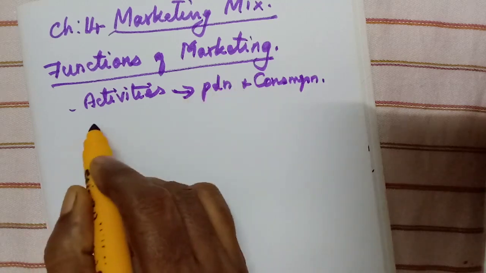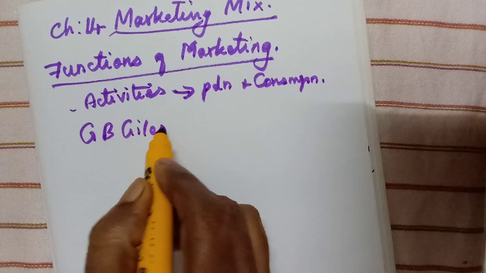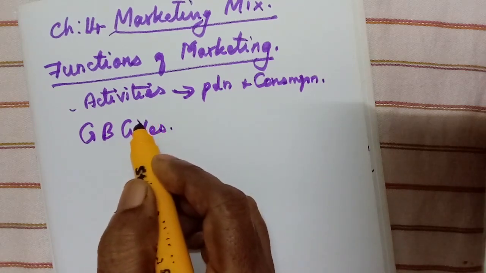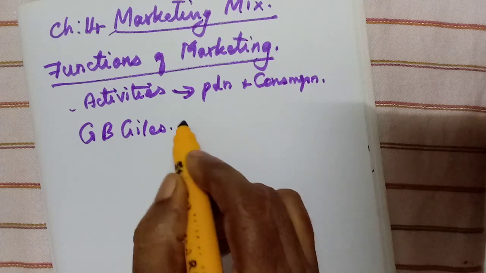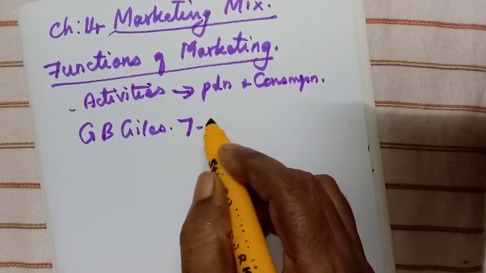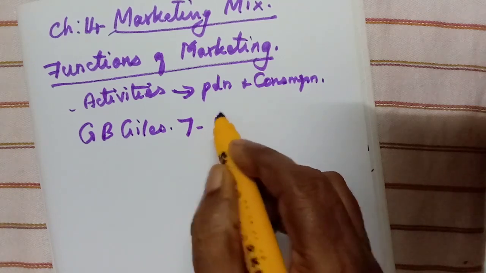Here, one author, G.B. Giles, says there are around 7 functions. They are: marketing research, first one. Before doing anything, first he has to do the research.